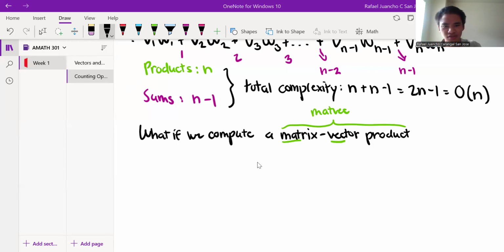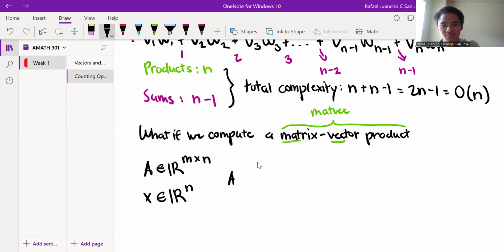So here, let's say we have matrix A. We have dimensions m by n, m for minion, n for nice. And we have a vector x, which has n dimensions, n for nice, so n number of rows.